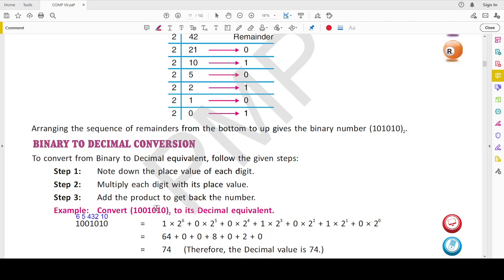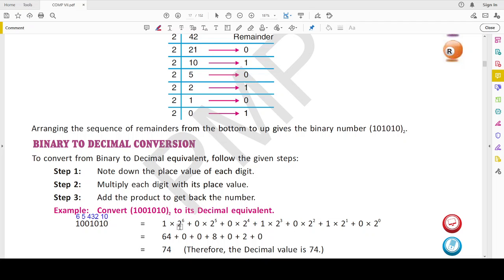So let's see. You have already learned, you have to mark the positions. So this is 2 to the power 0, this is 2 to the power 1, 2 to the power 2, 3, 4, 5, 6, right? Like this, 0, 1, 2, 3, 4, 5, 6. There are up to 6.